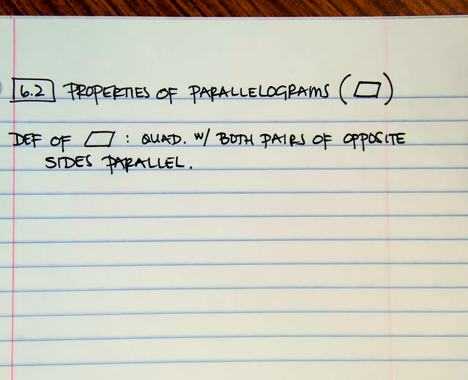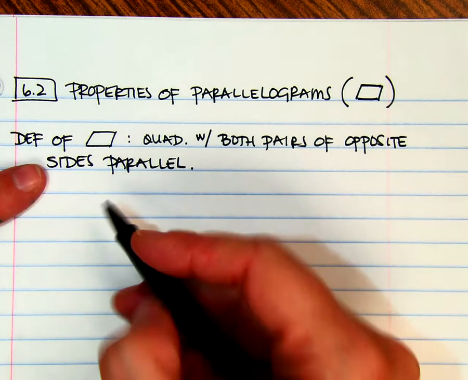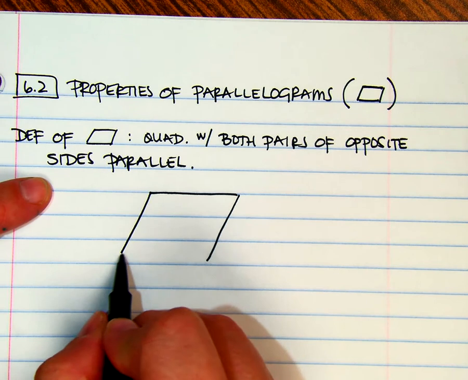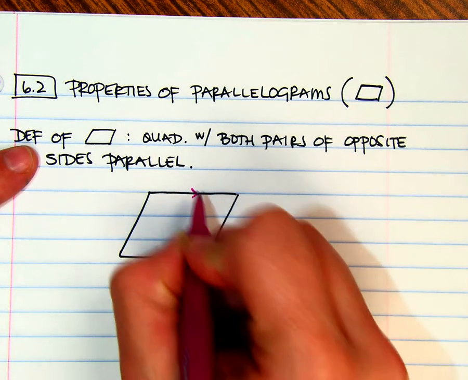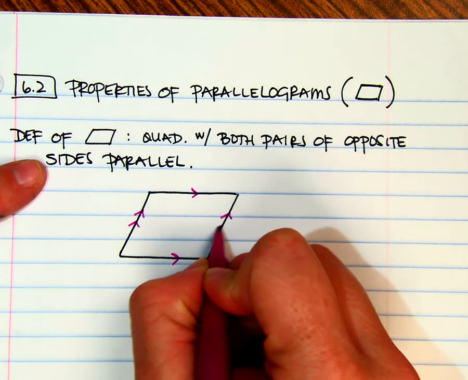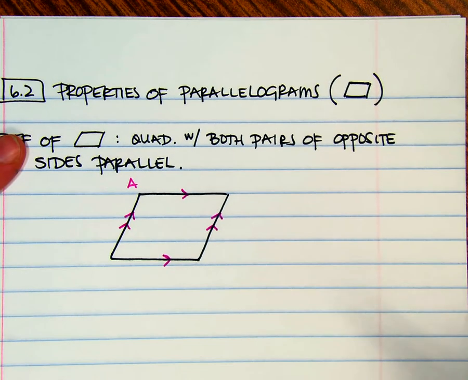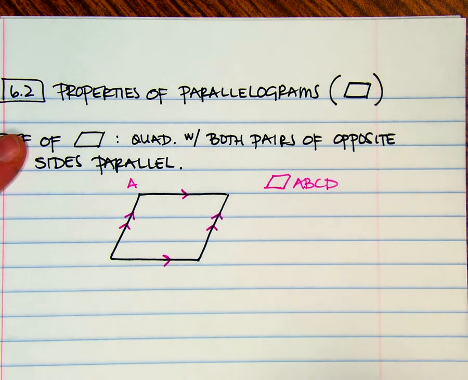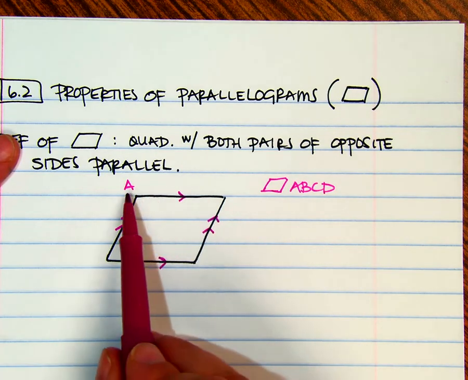If you remember from some parallel lines and those special angle relationships, this is just building on. So if we have a parallelogram, then we know that these sides are parallel, and those sides are parallel. So if I were to label a parallelogram, first of all, when you label it, so if I say that this is parallelogram ABCD, it is very important that you start somewhere, obviously, and then you go consecutively.